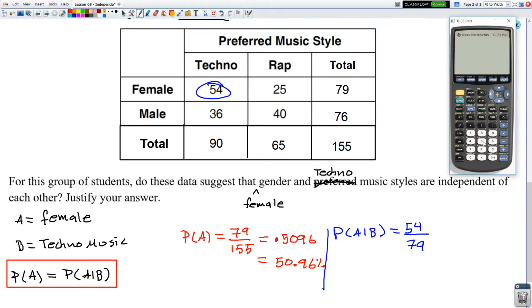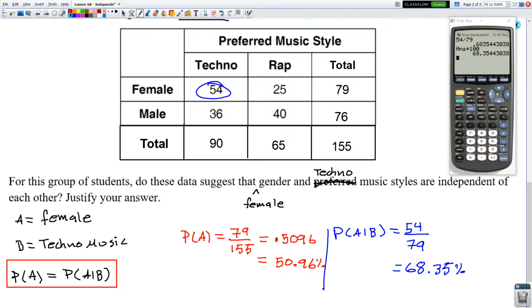We find this out, 54 divided by 79. Let's multiply that by 100. So we have a total of 68.35%.